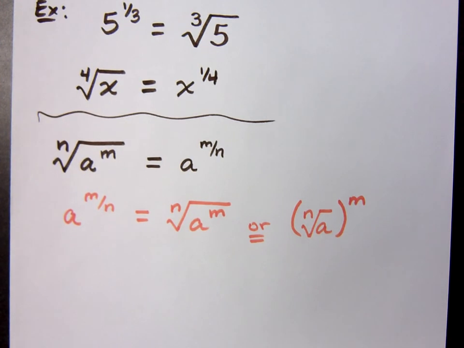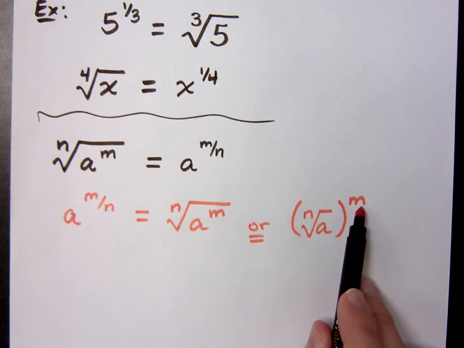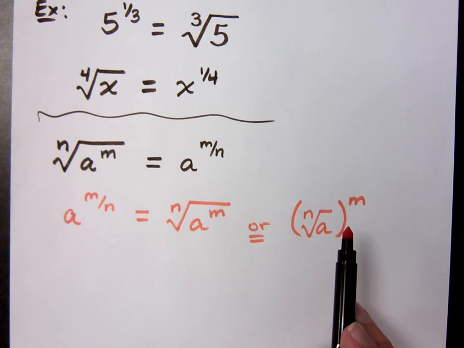It's all about how you want to do things. Do you want to do the power and then the root? Or would you rather do the root first and then the power? Typically it's easier to do the radical before you apply the power.